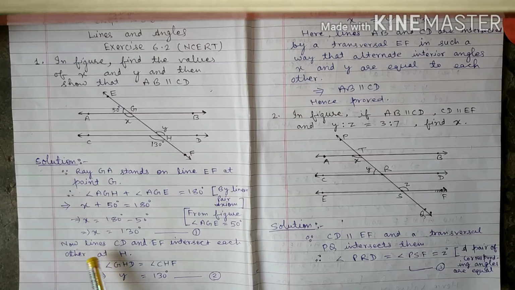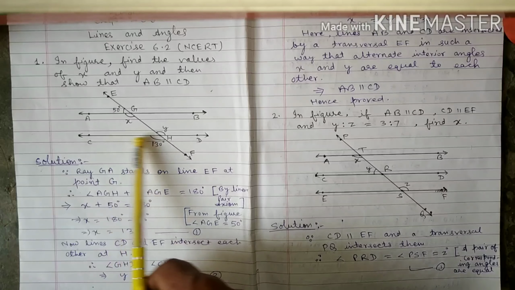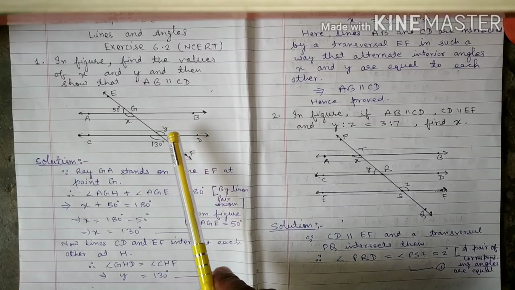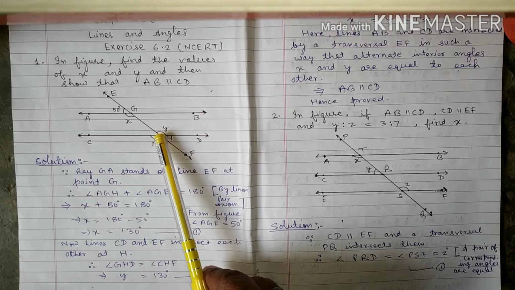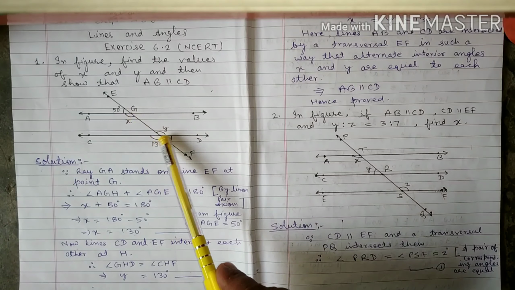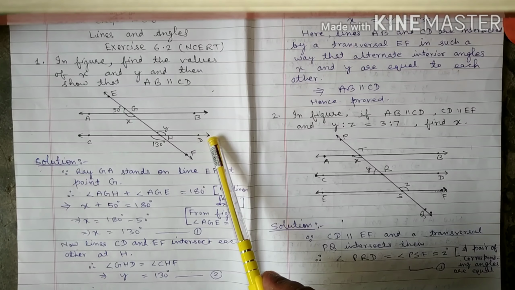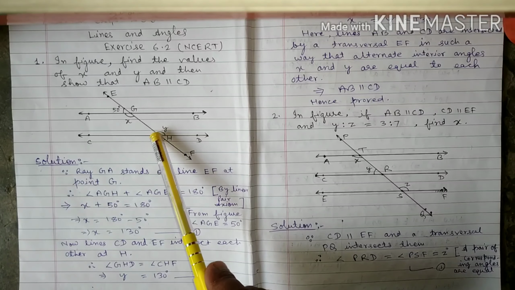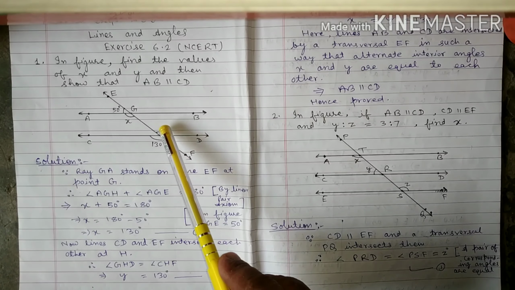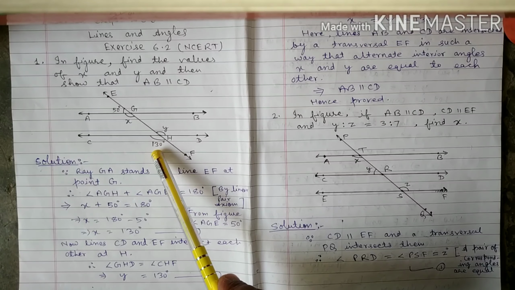Now lines CD and EF intersect each other at point H. Therefore, angle GHD is equal to angle CHF, which implies that y is equal to 130 degrees.